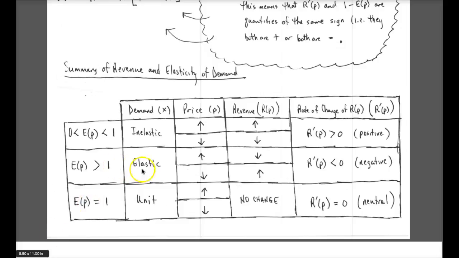So when demand is elastic, then as prices go up, revenue goes down. And as prices go down, revenue goes up. And of course, at this phase, revenue is decreasing. And for unit elasticity, as price goes up or down, there's no real change in revenue. So the change in revenue is constant at this point.